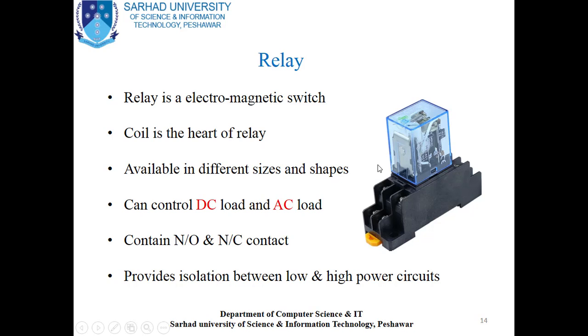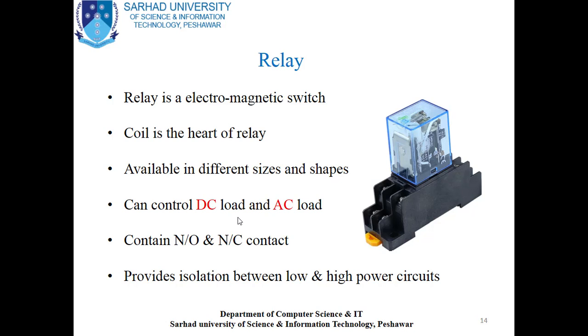This relay can be used to control DC load and AC load. DC load means direct current load. What is a DC load? A DC load means, for example, a light emitting diode which can be operated by DC current or DC voltage.